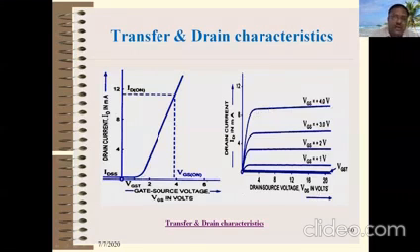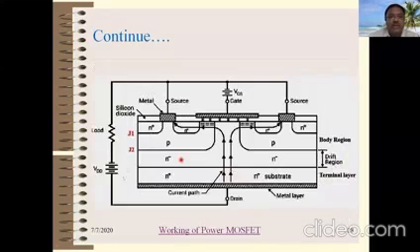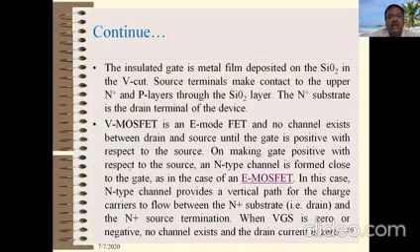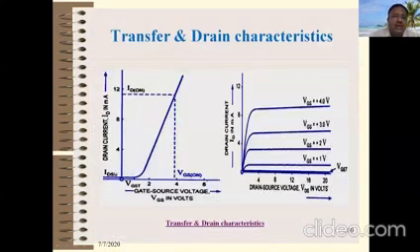Then the transfer characteristics are plotted between ID and VGS when VDS is constant, right? VDS is the voltage between drain and source, that is the VDD battery. Once we make it constant, we increase the value of VGS in small steps and plot the current ID.